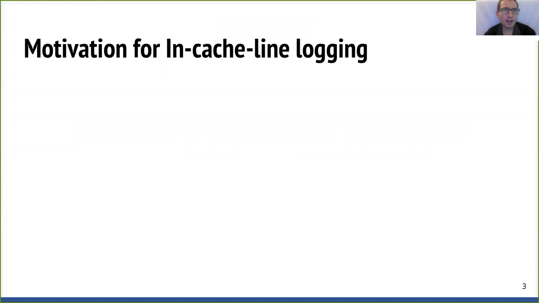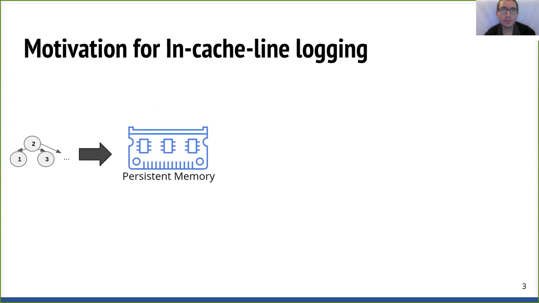So, what is the practical application for persistent memory? Persistent memory is fast, has high capacity, and is byte addressable. It can take an existing data structure and store it in persistent memory. Then we can operate on the data structure that is stored in the persistent memory directly.